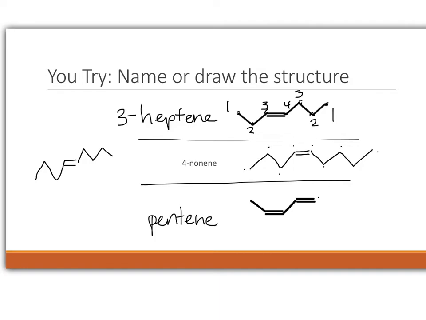Now I need to number where the double bonds fall. Since there's 2 of them, I'll need 2 numbers. Okay, so I've got in this direction 1, 2, 3, 4, 5, and in this direction 1, 2, 3, 4, 5. If I go from left to right, my numbers are smaller, so it's 1,3-pentene.